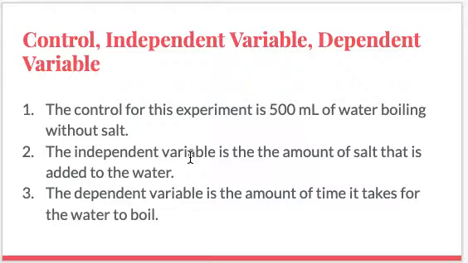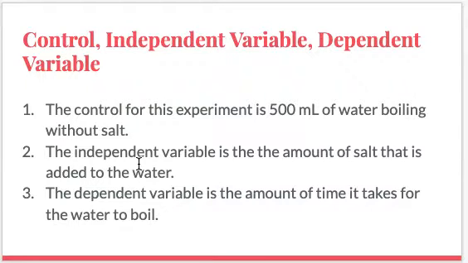Your control is just what you're going to be doing that's regular, that you're going to compare everything to. So for me, the control is just the boiling water but without salt. Just regular water, no salt, that's my control.